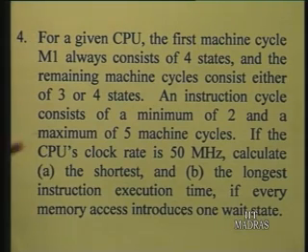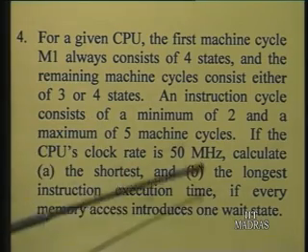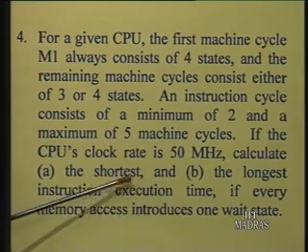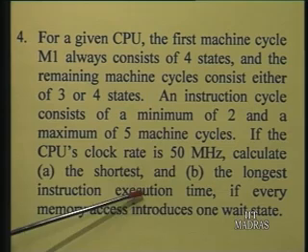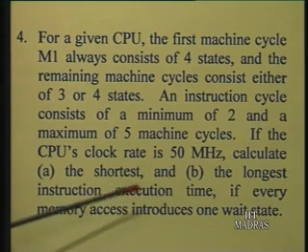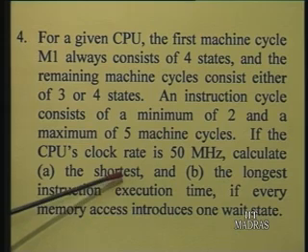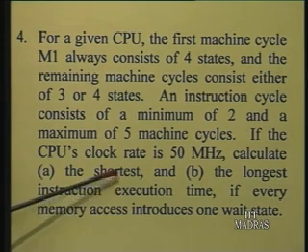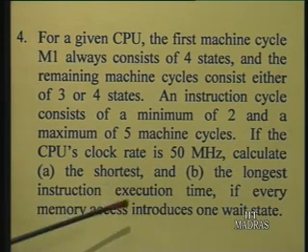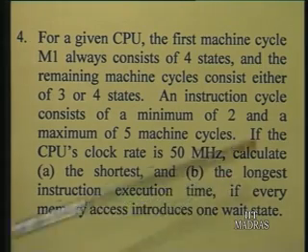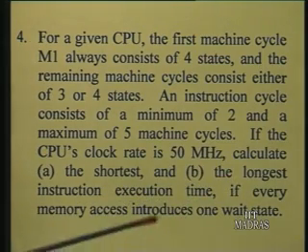Why do we talk about clock rate here? Because this clock rate is the one which is going to define the state duration, right. Then calculate the shortest and the longest instruction execution time. How would you calculate? You have to look for an instruction which has minimum machine cycles and minimum states, and the one with maximum machine cycles and maximum number of states.